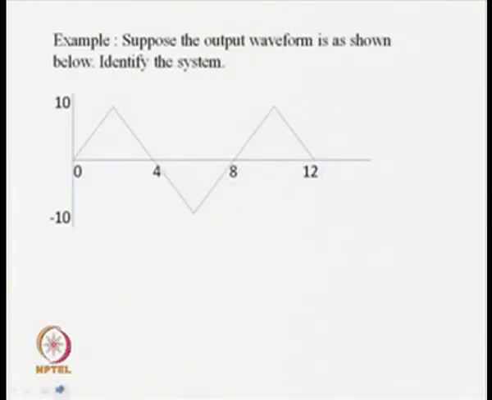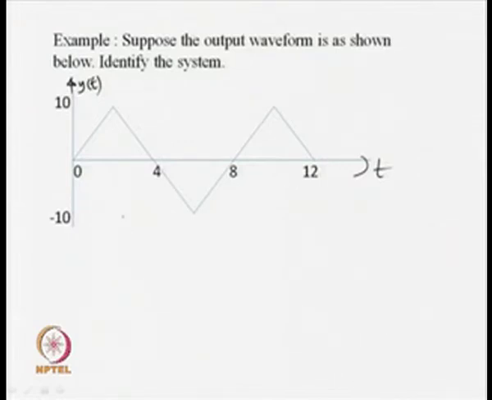Now, consider this example. Suppose the output waveform as shown over here, with the time axis and the output axis y t, is obtained from some relay test of a system. In that case, how to find the system model?